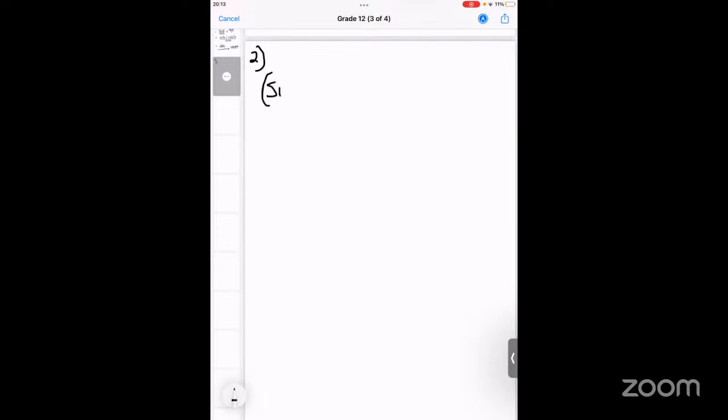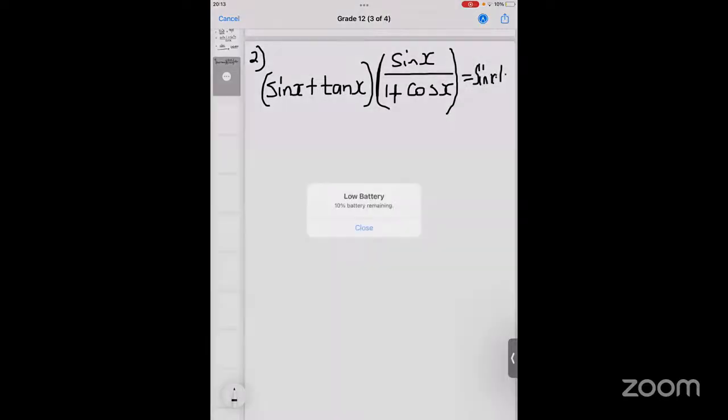We have sine x plus tan x, and then we have sine x over 1 plus cos x, and this is equal to sine x times tan x.